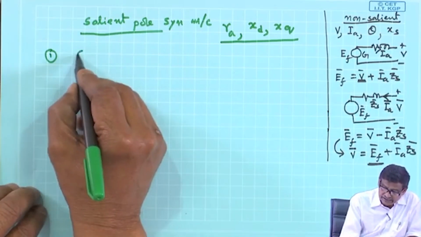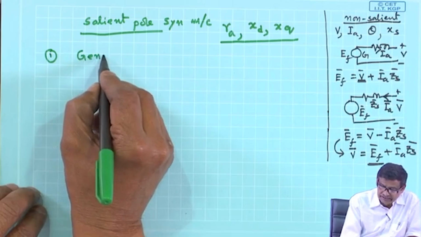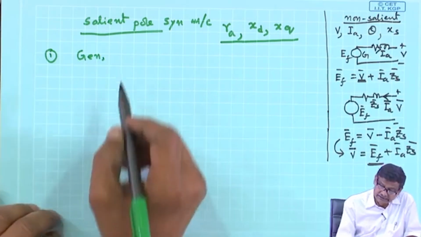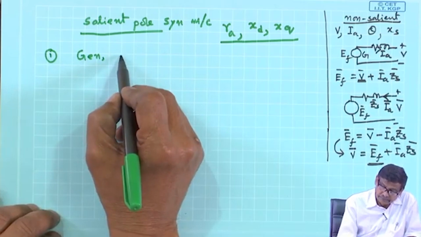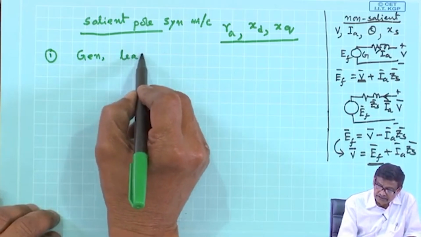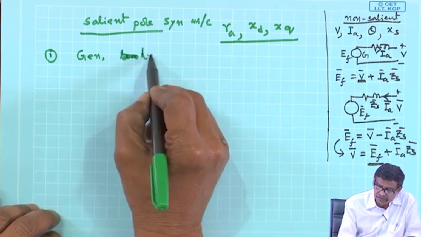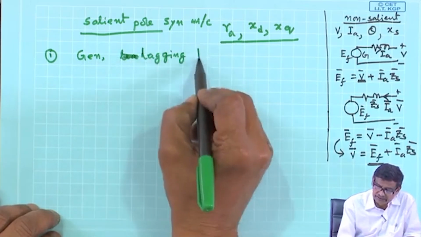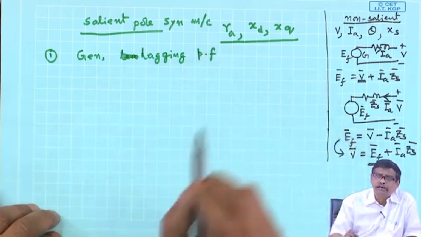Suppose it is generator mode, and it is operating at leading power factor or lagging power factor. Let us first take lagging power factor and connect it to the bus V.